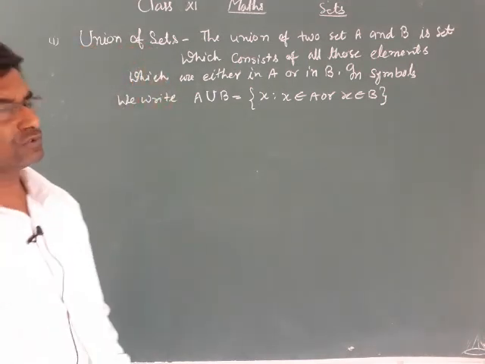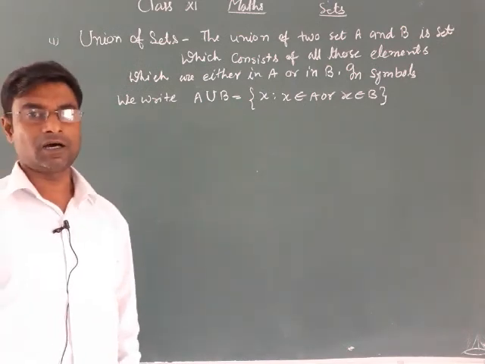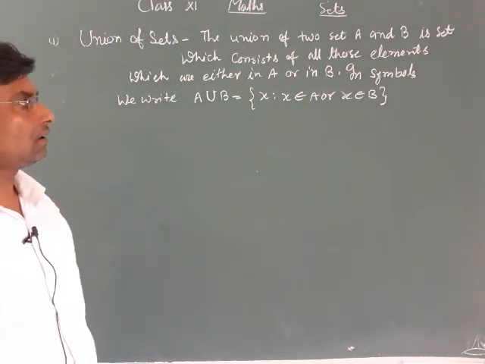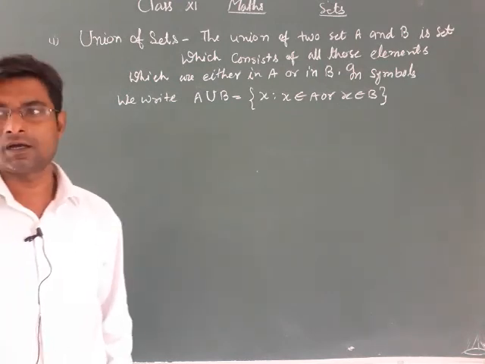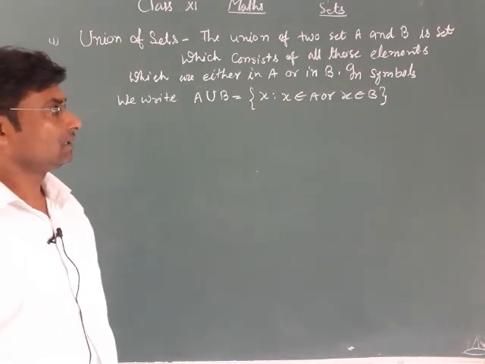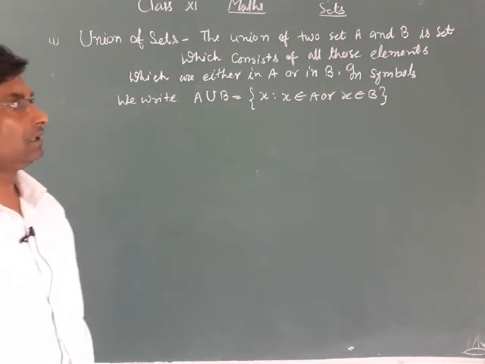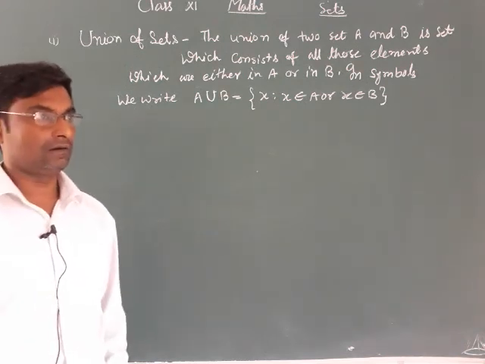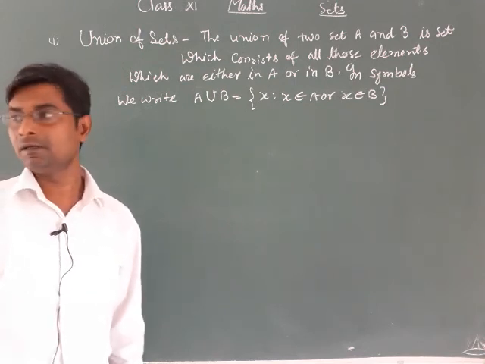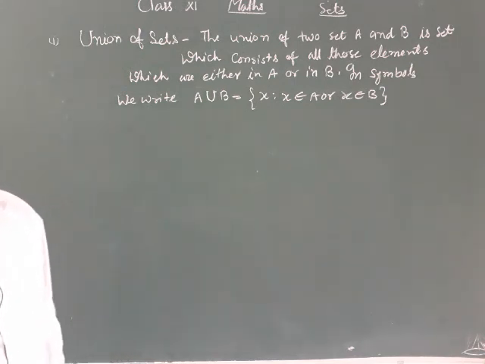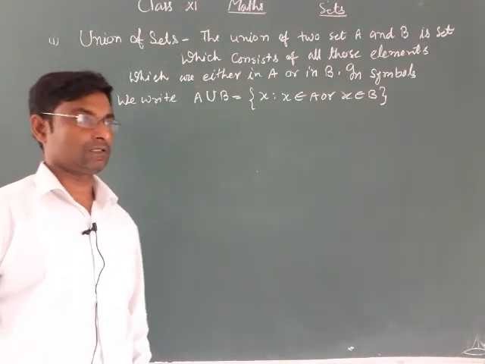The union of two sets A and B is the set consisting of all those elements which are either in A or in B. All elements of set A and all elements of set B, but common elements are taken only once.